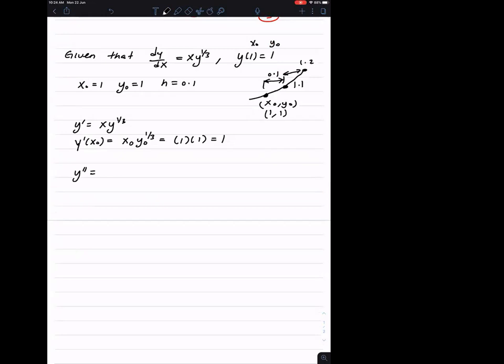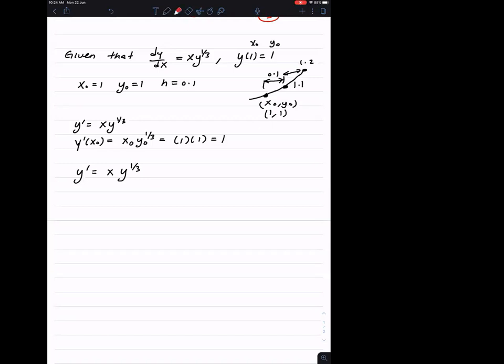So for example, let me rewrite. I'm doing this slowly so that people who are having problems with derivatives can see.